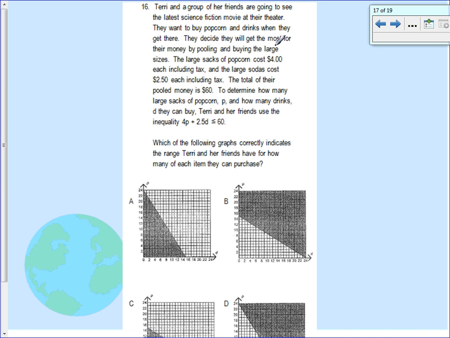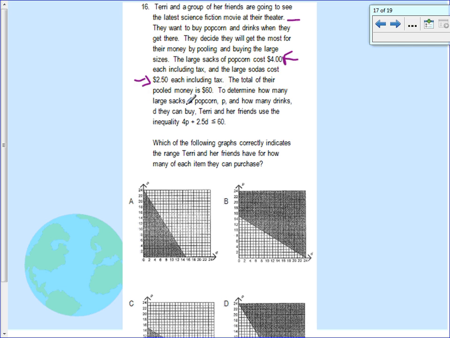Terry and a group of friends are going to see the latest science fiction movie at their theater. They want to buy popcorn and drinks. When they get there, they decide they will get the most for the money by pooling and buying the large sizes. The large sacks of popcorn cost $4 each including tax, and the large sodas cost $2.50 each including tax. The total of their pooled money is $60.